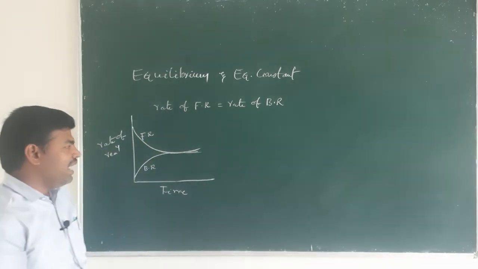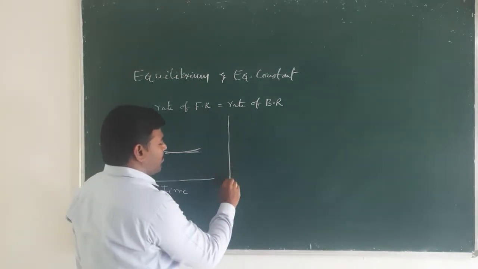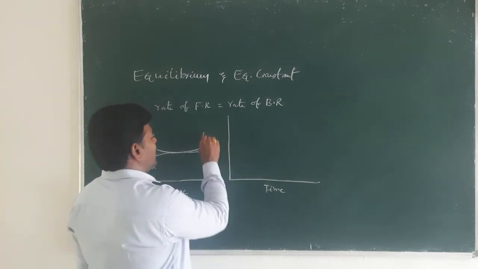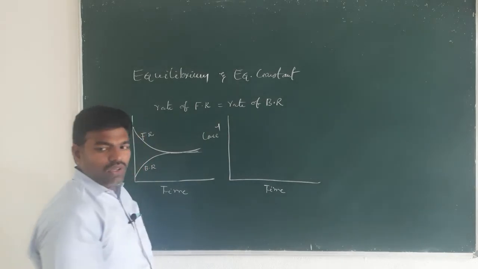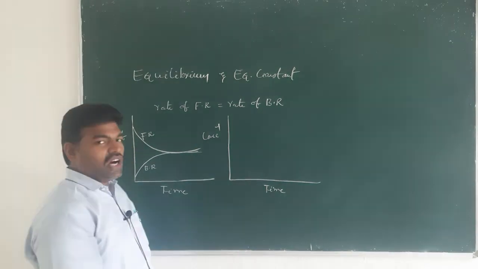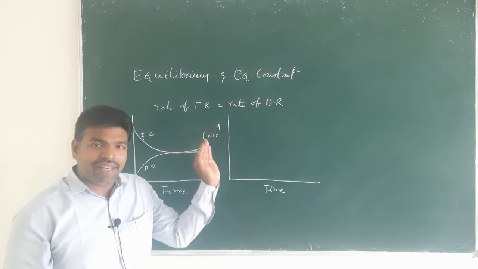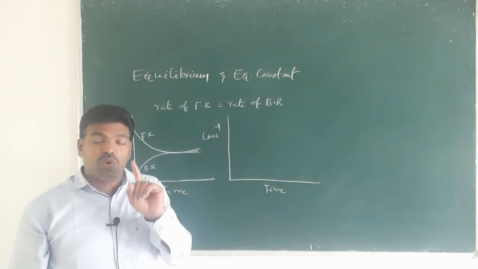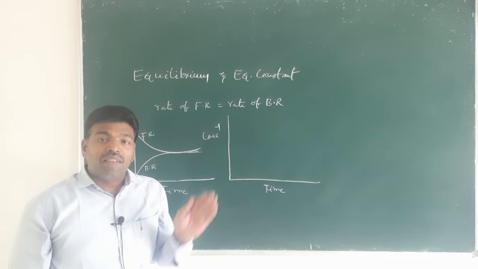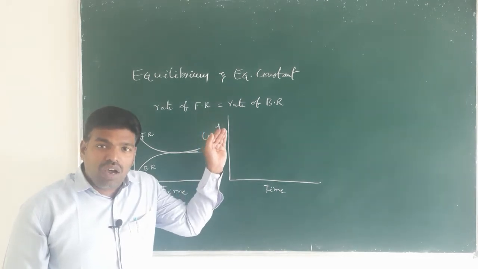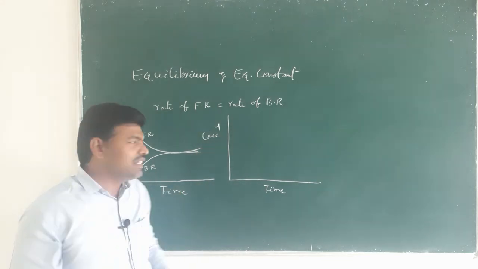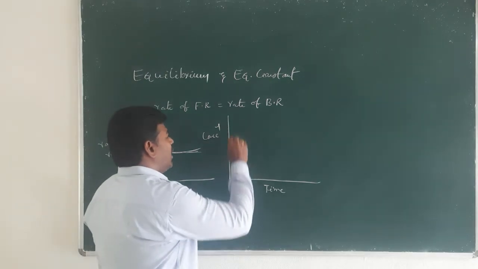We can represent the equilibrium with another plot, that is, if you plot the graph between concentration on the ordinate and time on the abscissa. With increasing time, the concentration of reactants goes on decreasing and the concentration of products goes on increasing.